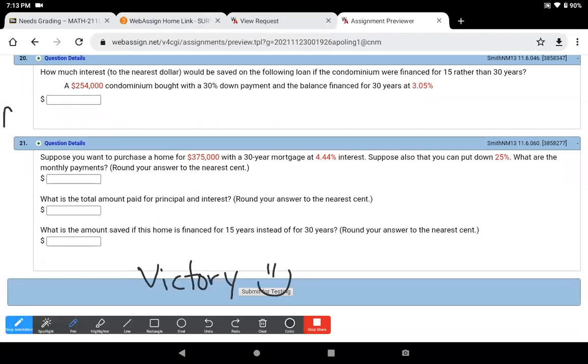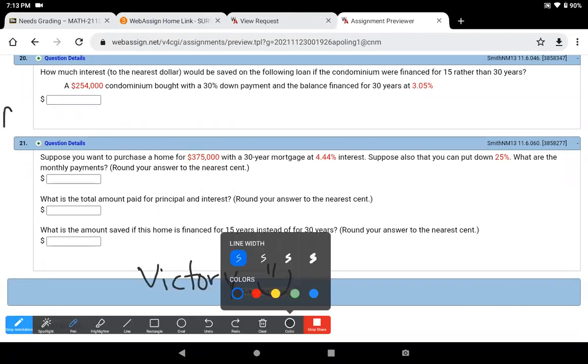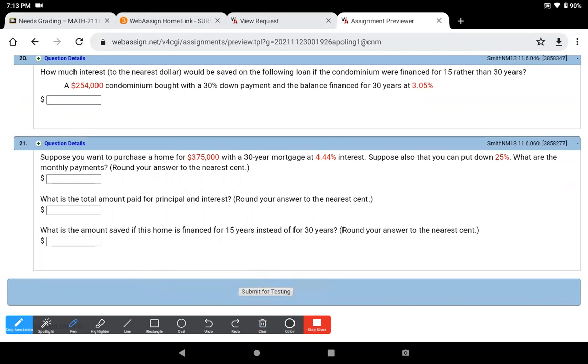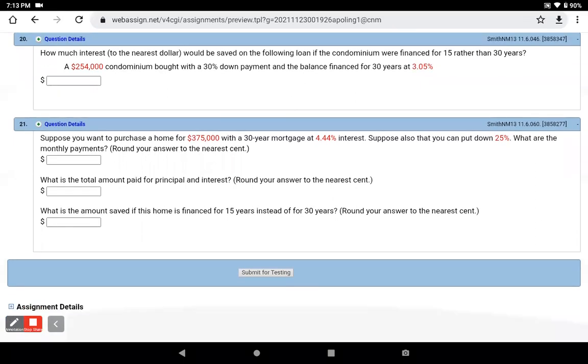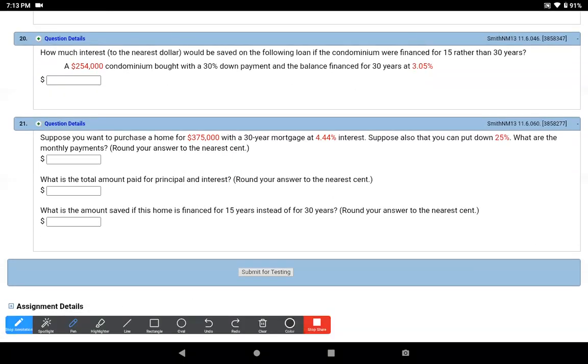Actually, let me clear out my victory smile. I don't really want, oh, we're at the end, so I can't really cut that one off anymore. So I'll just go with this, but we can afford to pay 25% down, which means we only need to finance 75% of the cost of the house, right?